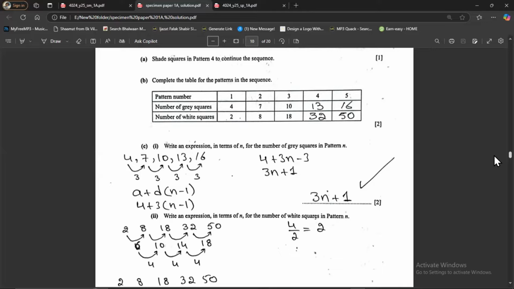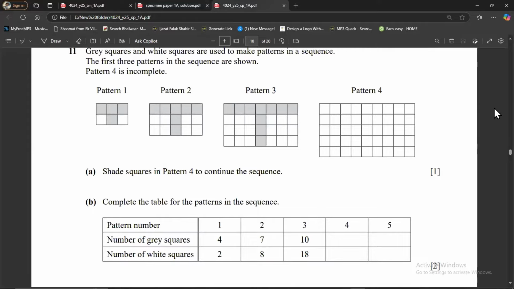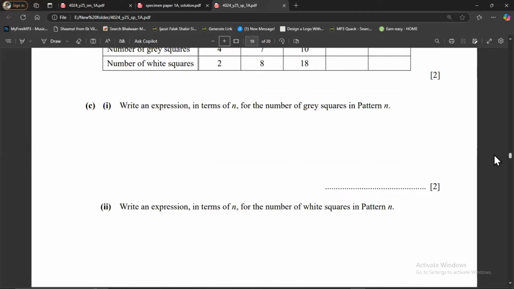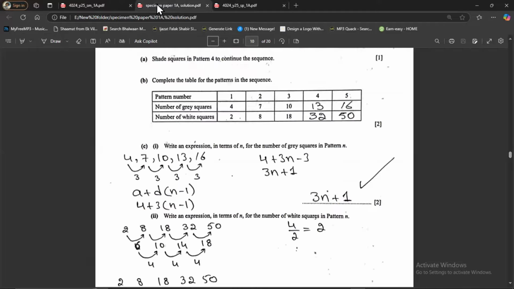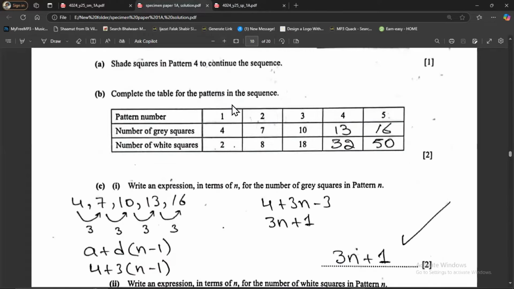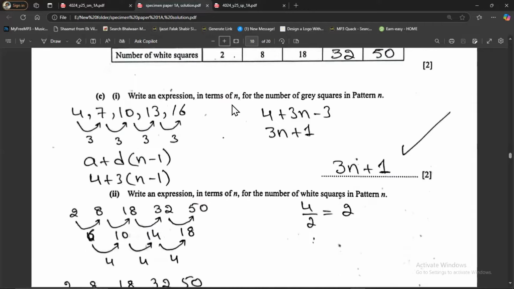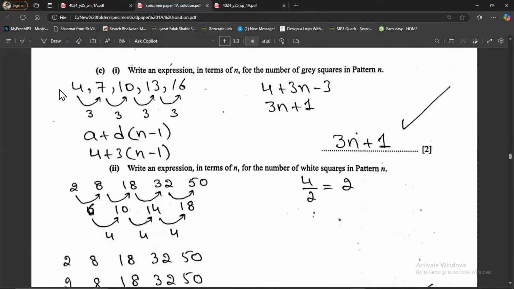Their next question is to write an expression in terms of n for the number of gray squares in the pattern. So the gray ones, the sequence is 4, 7, 10, 13, 16. You find the common difference. The 3 is added.